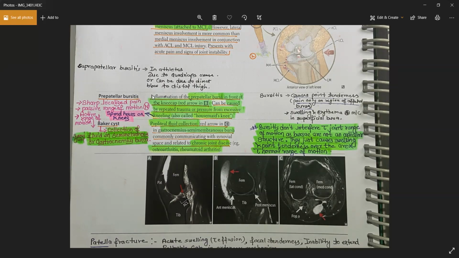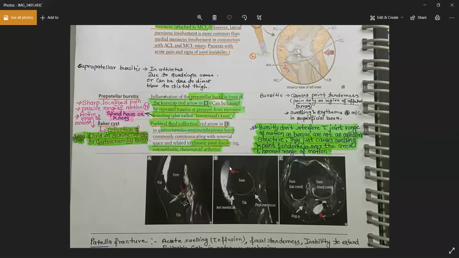So let's talk about prepatellar bursitis, which is an inflammation of my prepatellar bursa. As you can see, this is my femur, this is my tibia, and this is my kneecap, and I have this prepatellar bursa here. The edema is there in the bursa, and fluid is filling this bursa.